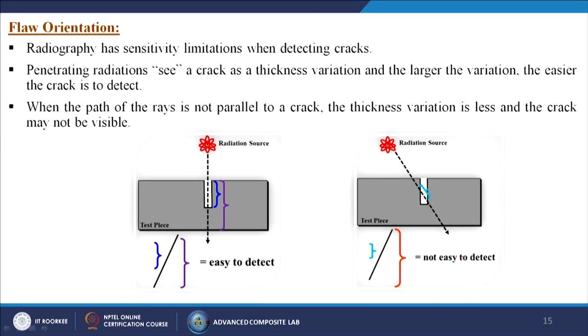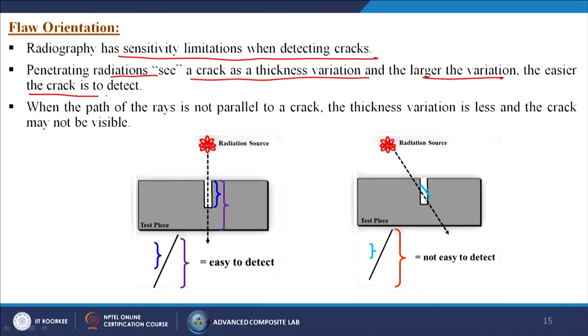Now, what is flaw orientation? The point is how you are going to position your source so that you can get the best image. Radiography has sensitivity limitations when detecting cracks, because from the outside we do not know how the cracks are present inside the material, whether in horizontal positions or longitudinal positions, or at some kind of angle. We do not know what kind of cracks from the outside.